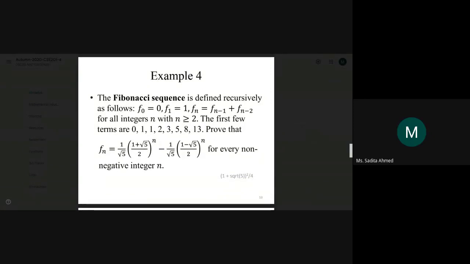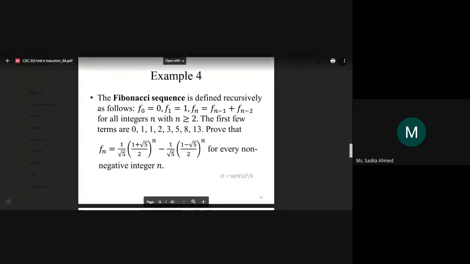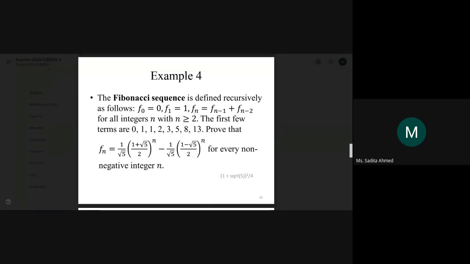Remember the recurrence relation that we use to define the Fibonacci sequence. If we are asked to find the value of a certain part of the sequence at some index n, we just assume that we know the preceding two values, that is, fn minus 1 and fn minus 2, and from them we can find the value of fn. And why are we allowed to make this assumption?